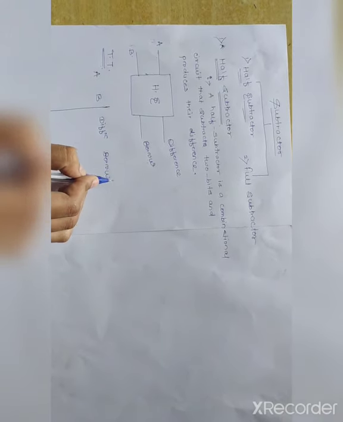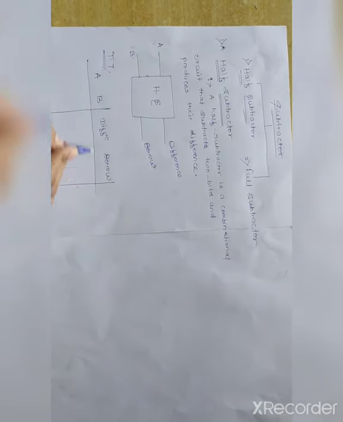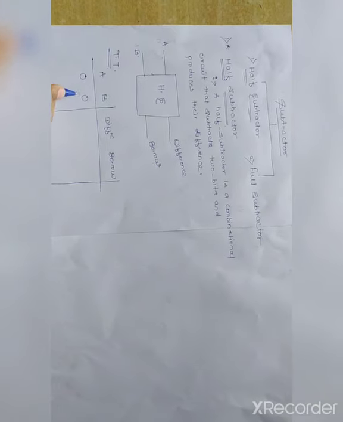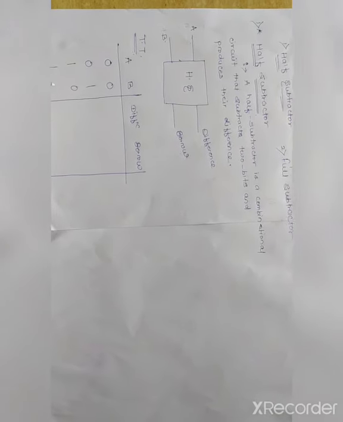This is my difference, and this is my borrow. These are my outputs. The inputs may be a is 0 and b is 0, or a is 0 and b is 1, or a is 1 and b is 0, or both are 1.